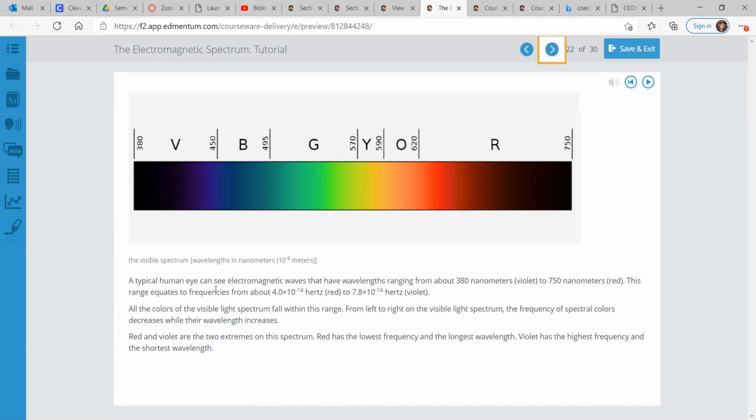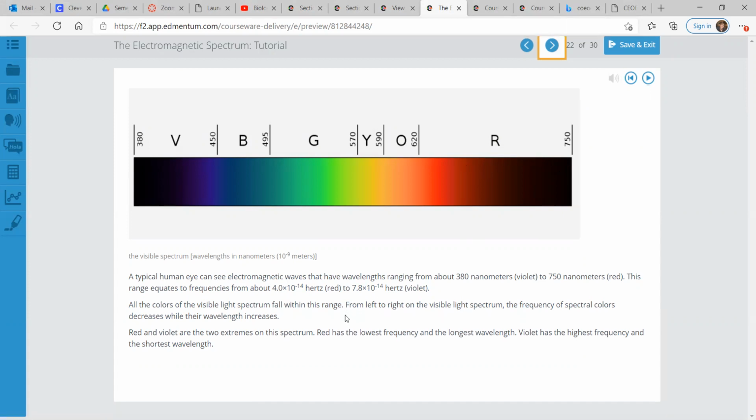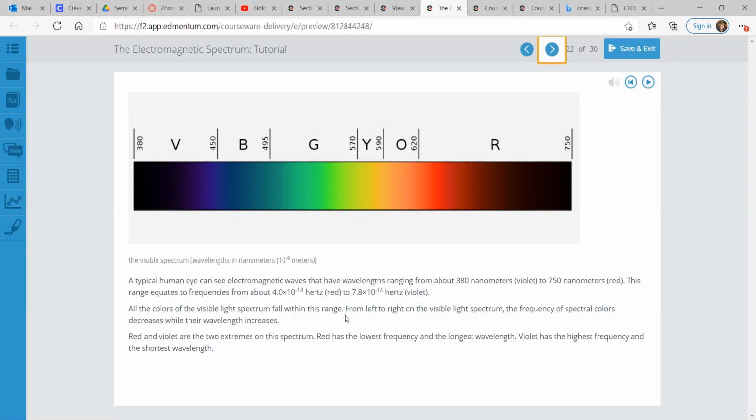And that equates to frequencies of about 4 times 10 to the 14th hertz, which is red, to 7.8 times 10 to the 14th power hertz, which is violet.